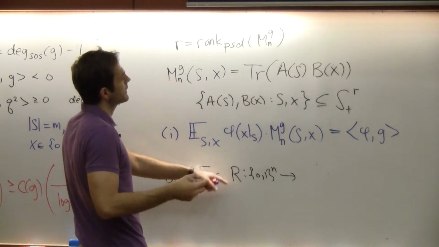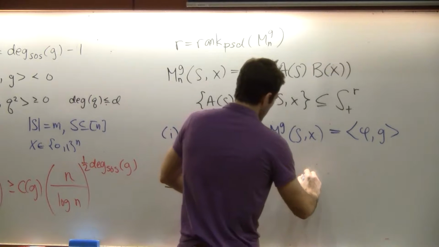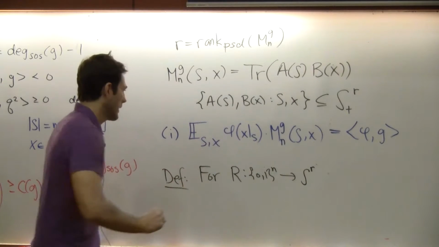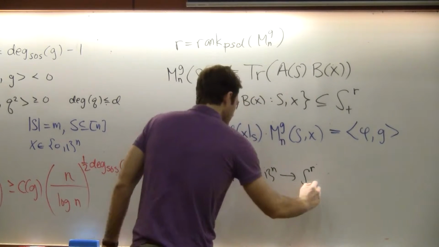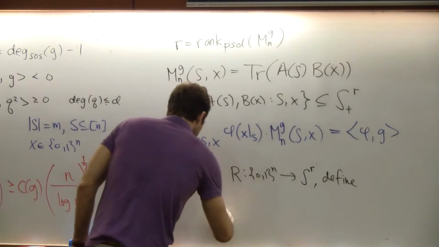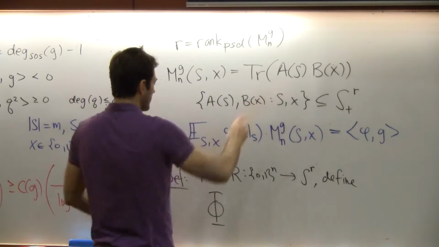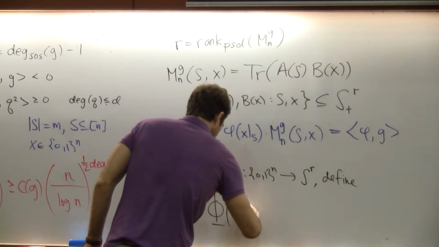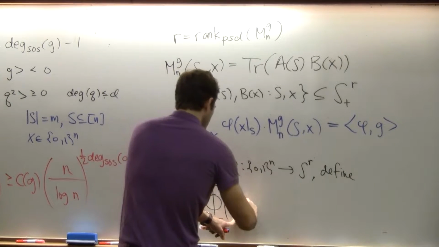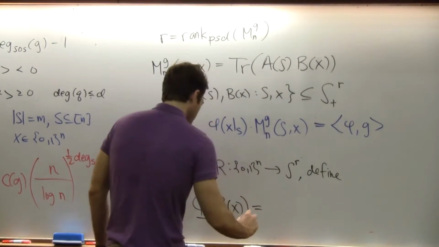I'm not going to require R to be PSD, because it's not needed. We'll just require that R is a symmetric matrix. And then let's define a shorthand for this thing applied with the square of R. I'm going to write R of x here just so that you remember R as a function.